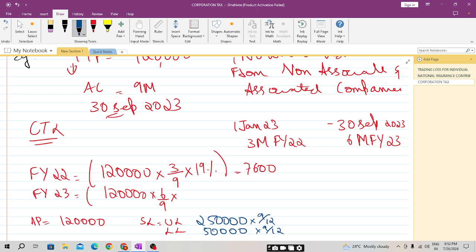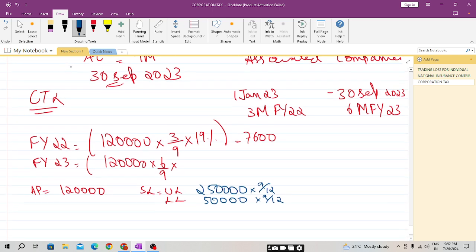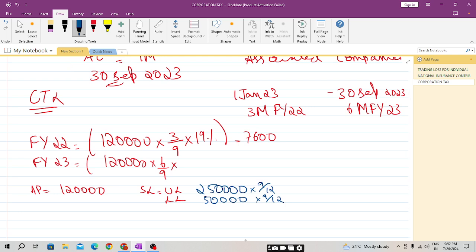So now it will be 250,000 into 9 divided by 12, which is 187,500, and 50,000 into 9 divided by 12, which is 37,500.